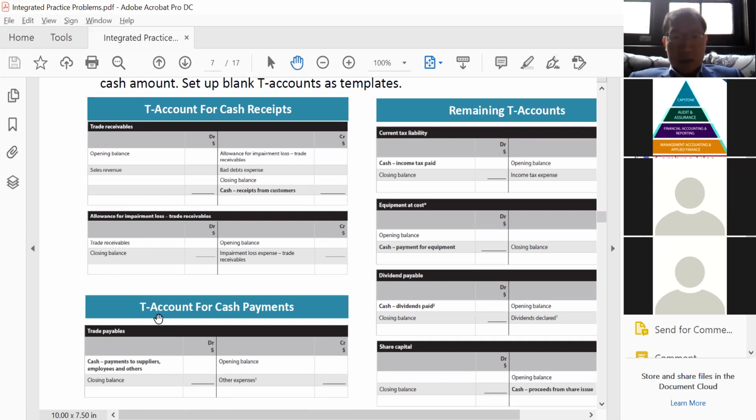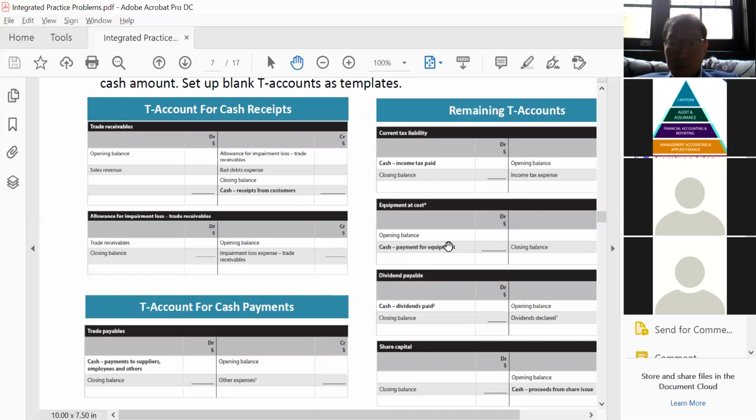So looking at the T account for cash payments, again, we've got the trade payables. Okay, so any expenses, other expenses that we would have incurred would go into the credit section. Any amount that we actually did end up paying would be a debit to trade payables. And then so on for the current tax liability. Okay, so what's the opening balance? What's the closing balance? What's the income tax that's actually being paid? So this is the cash, and income tax expense is the expense, okay, or the accrual.